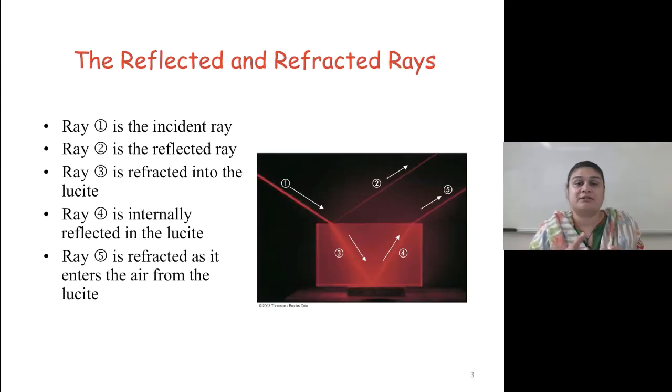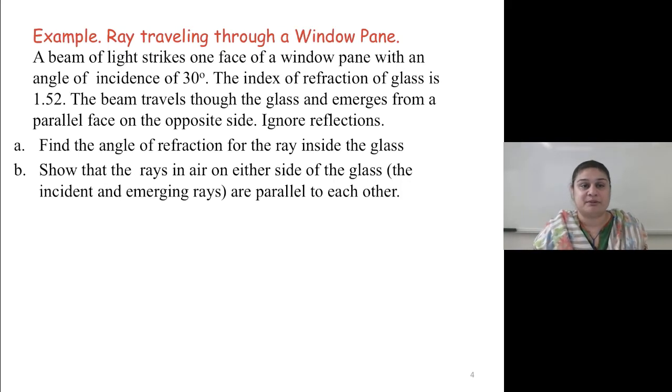If I look at reflected and refracted rays together, ray 1 is called the incident ray, ray 2 is the reflected ray, ray 3 is the refracted ray, ray 4 is the internally reflected ray, and ray 5 is called the refracted ray as it comes out of the medium. This is a very good example to show the difference between the reflected and the refracted rays. Now let's do an example.